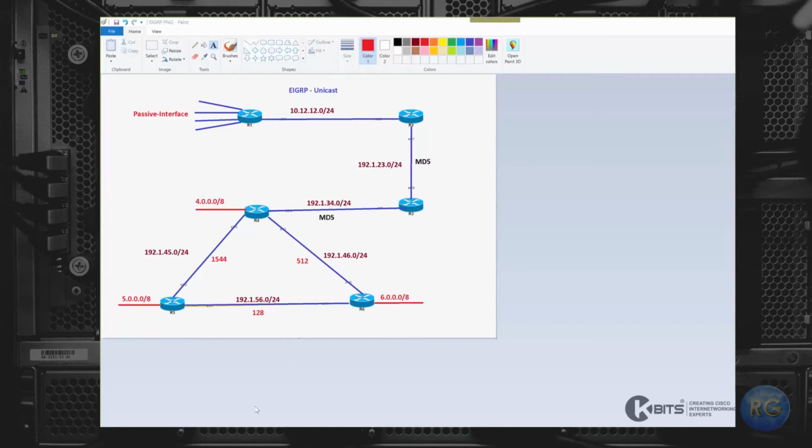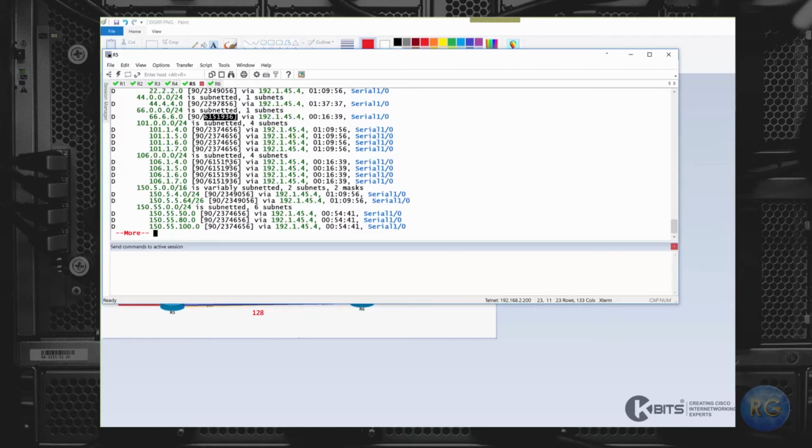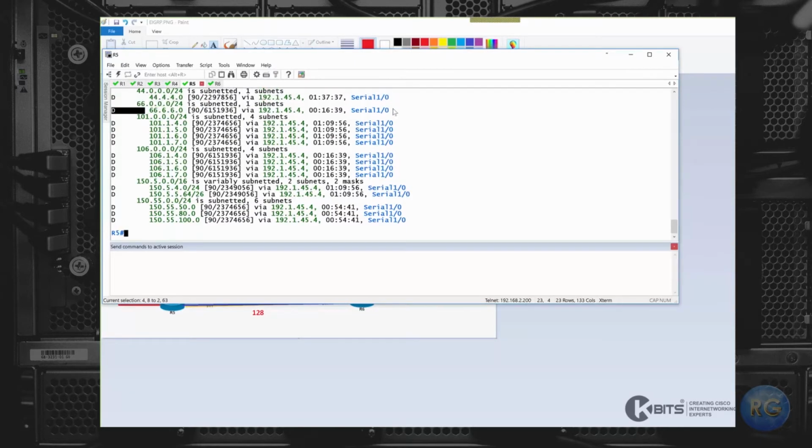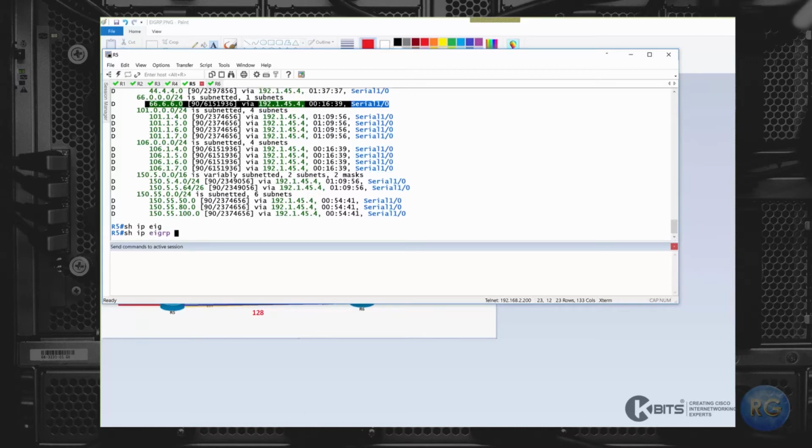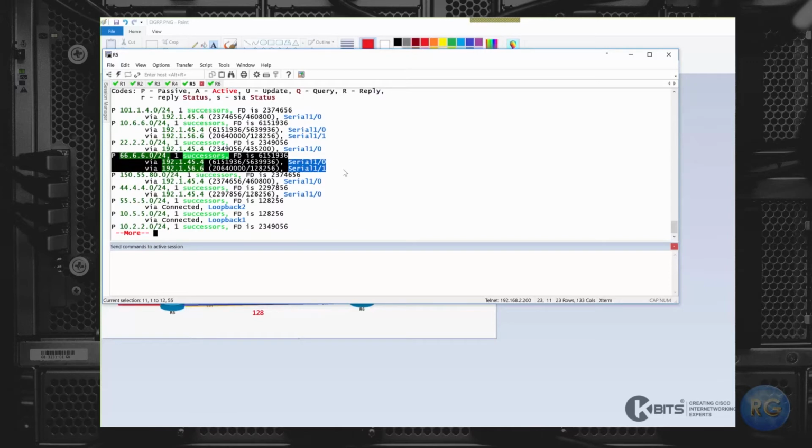I'm on R5, so this is my successor route, by the way. Show IP EIGRP topology. Let's pick on 6. It shows you the 2 routes. It shows you the 6,151,936, and it shows you 265,640.